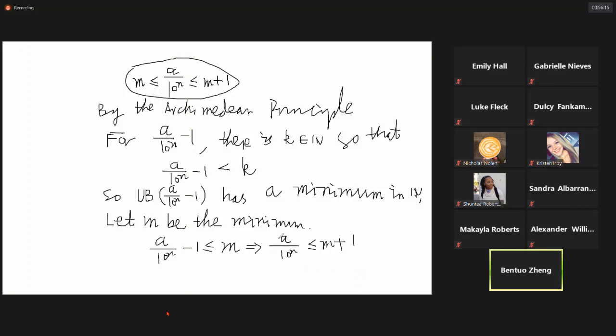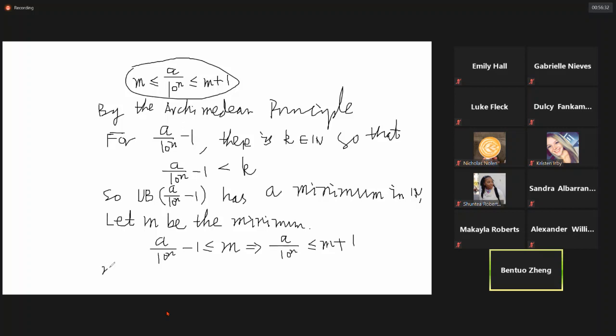On the other hand, since m is the minimum, any number less than m cannot be an upper bound for this set in n.